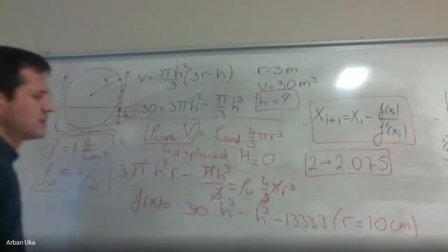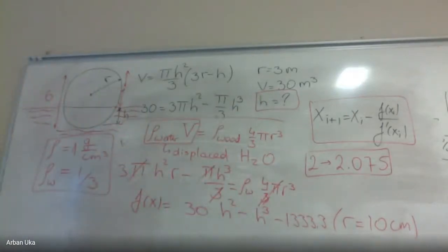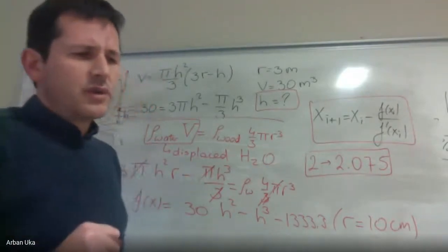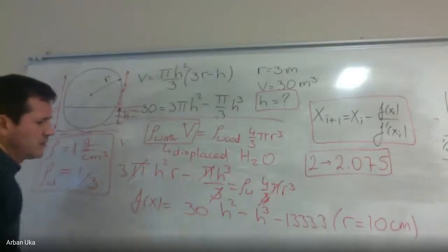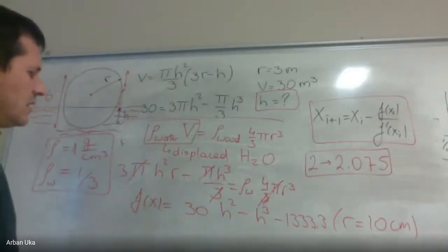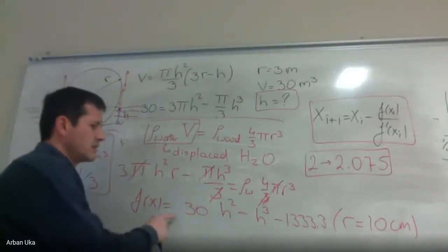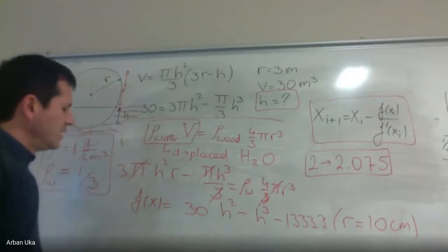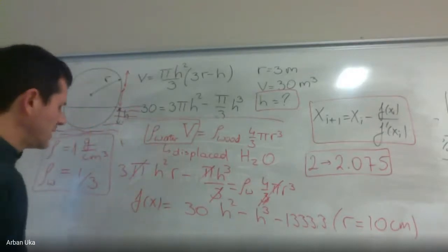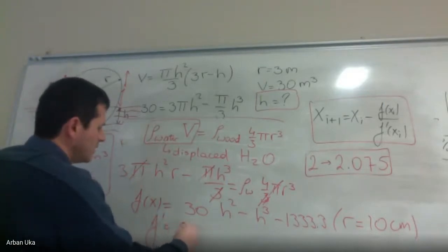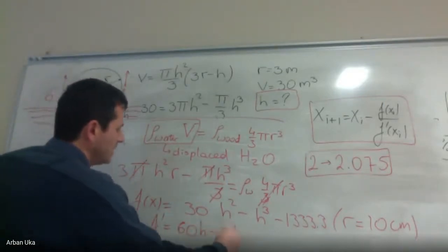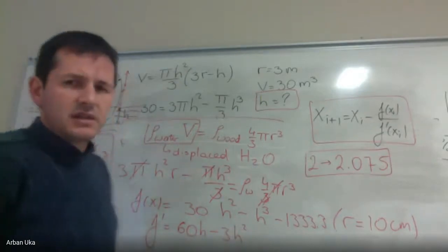So if we use this radius for the piece of wood that we drop on water, if we want to find how deep this goes into water, we have this equation, okay? And we need to find where the zeros are. And if we want to use the Newton-Raphson method, again, we need to find a derivative. The derivative is going to be something like 60h minus 3h squared, and so on.